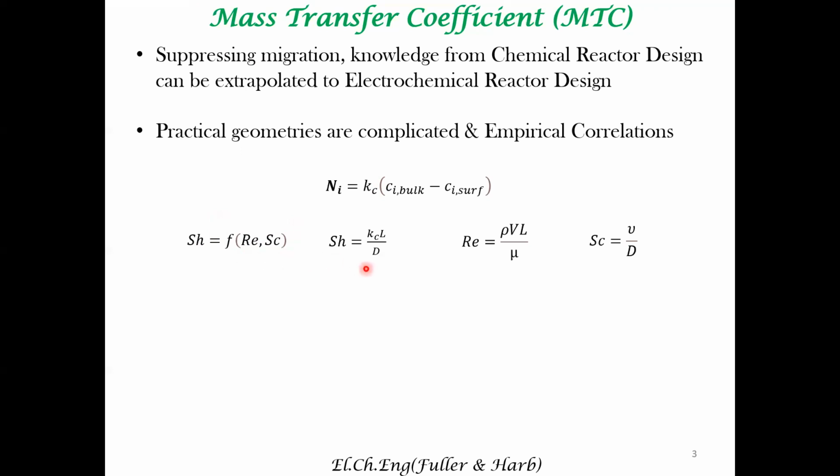In this case, three dimensionless groups are utilized. The Sherwood number, which is defined in the following manner: mass transfer coefficient times characteristic length divided by diffusivity. This is the Reynolds number. Then this is the Schmidt number, the kinematic viscosity divided by the mass diffusion coefficient. That's the way you define the Schmidt number.